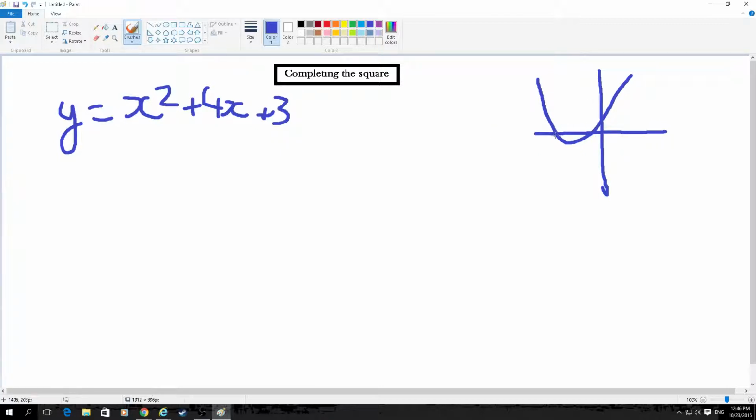To work out these points here, the two crossing points, you use just normal factorizing to get the x value. I'll write it down so it makes more sense. Then to complete the square, you work out the turning point, where it turns, because the graph can go all the way down and up again. So there are 2 bits you work out. I'm going to factorize quickly so you can see.